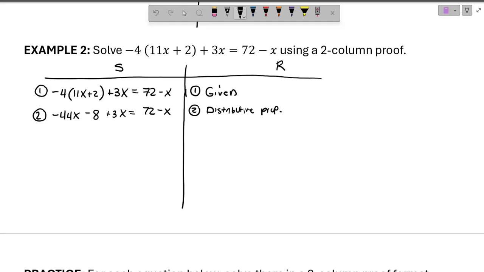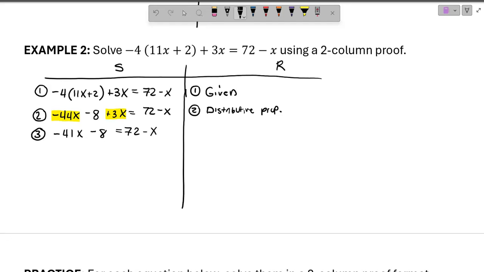Now, here is one that I want to bring up that we've not mentioned in the video. On the left-hand side of this equation, I have a -44x and a positive 3x. On the same side of an equation, we are allowed to combine those together. So when I do that, we're going to end up with -41x minus 8 equals 72 minus x.